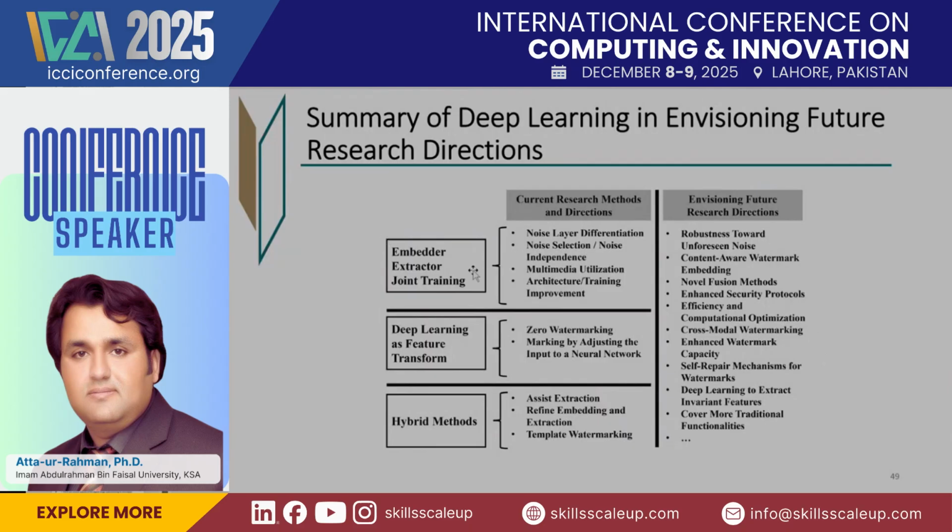For example, we can utilize them as an embedding and extracting technology for joint training, or separate training for synchronous or asynchronous approaches. We can use them as a feature transformation. They can be employed in the spatial domain as well as in the frequency domain for embedding. This could be effective. We can also go for the hybrid method, where we can investigate multiple networks for embedding and extracting the digital watermarks.